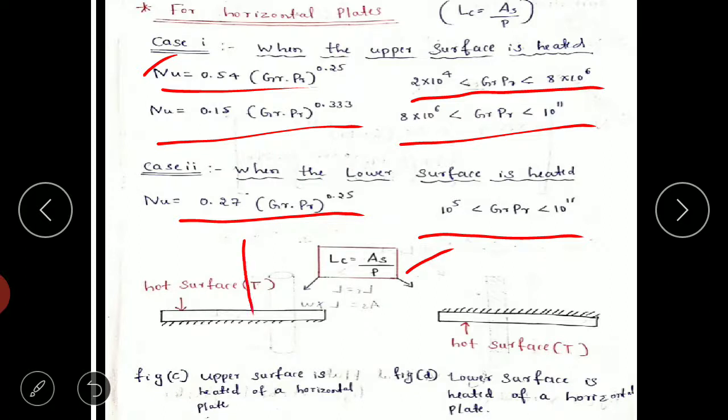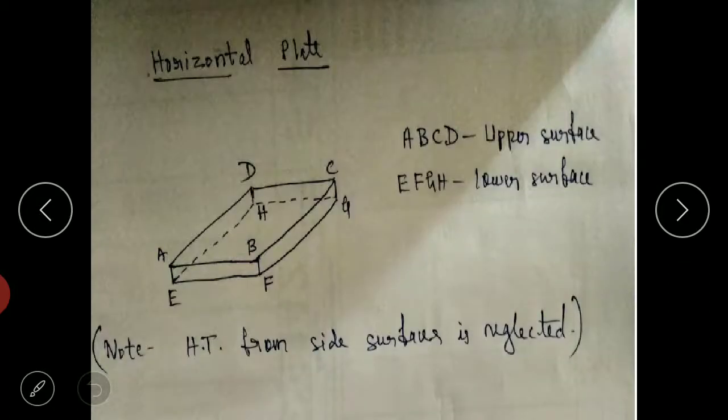Upper surface is heated means the lower surface will be insulated. Heat transfer takes place from only the upper surface. Lower surface is heated means heat transfer takes place from the lower surface, and the upper surface will be insulated. Next, for horizontal plate, you can see surface A, B, C, D is the top surface, and surface E, F, G, H is the bottom surface.